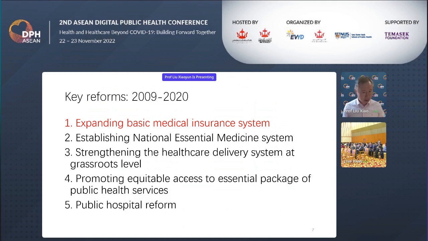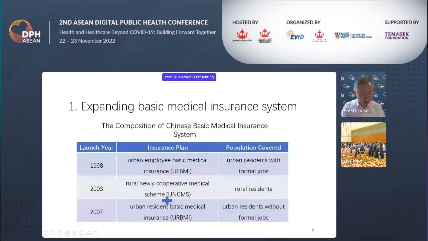Number three is the health care delivery system at primary care level. And number four is the essential package of public health services. And finally is the public hospital reform. So I'm going to introduce the key reform measures in each of the five areas.